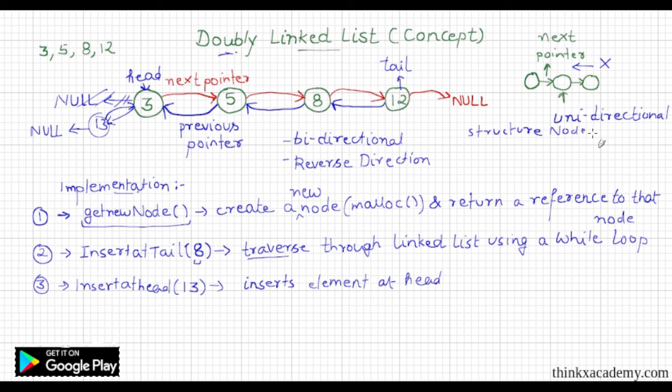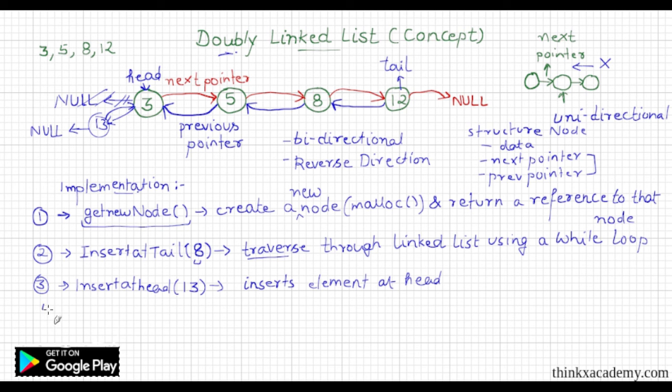One is the data, then a next pointer, and then a previous pointer. Remember that these both are simple pointers, but they are referencing different elements. The next pointer is used to reference the next element, and the previous pointer will refer to the previous element, and we will implement that using these functions.